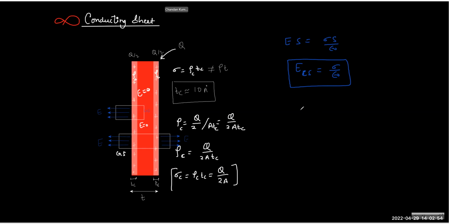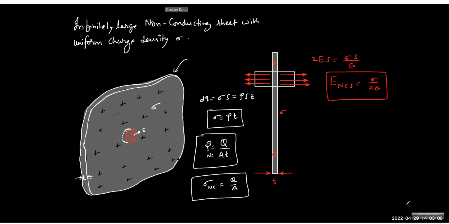You can see here the answer is, what is sigma here? Q by 2A. Yes, sir. Now look at this in terms of charge. If you try to answer in terms of charge, what is sigma here? Q by A. Oh, yes, sir. So in terms of charge, if they have the same charge, then the field will be the same. If they have the same sigma, then the answer will be different, isn't it? Yes, sir.